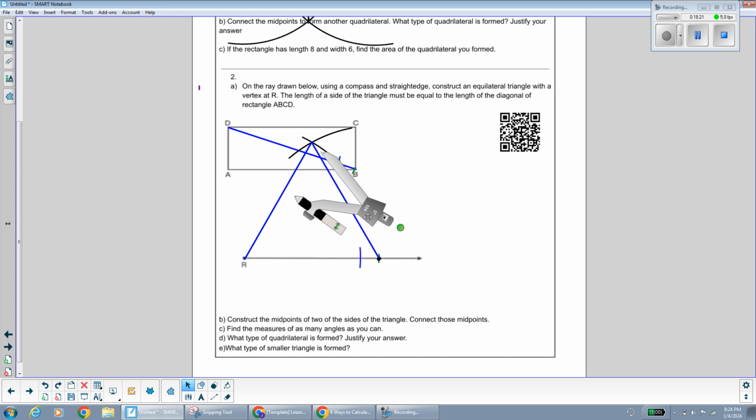I'm going to put my compass on one of the endpoints, about 3/4 down, arc above and below, then the other endpoint, and the same arc.